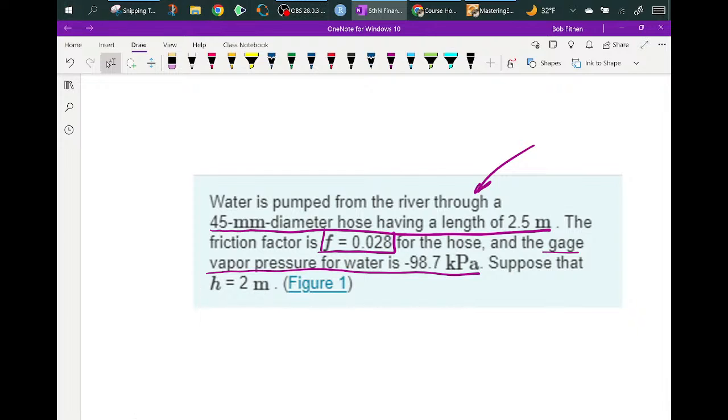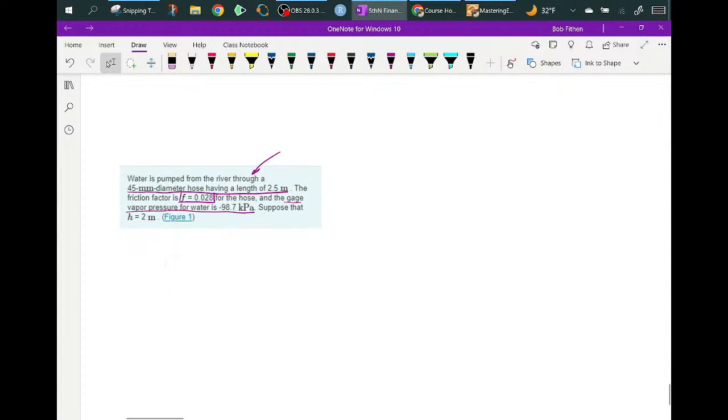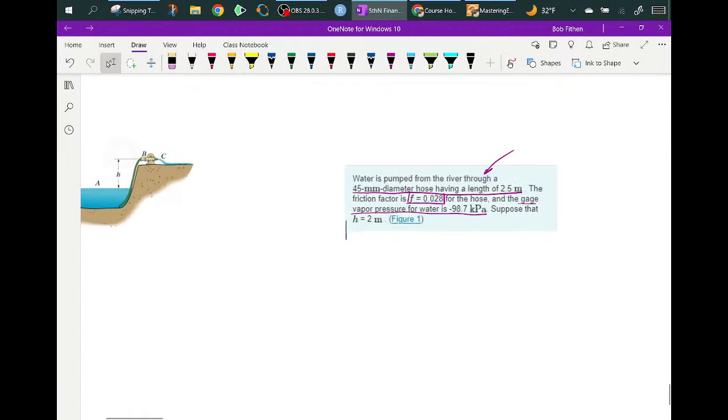Here's the scenario. Hang on, give me a second. And this is kind of weird, oh, there it is.